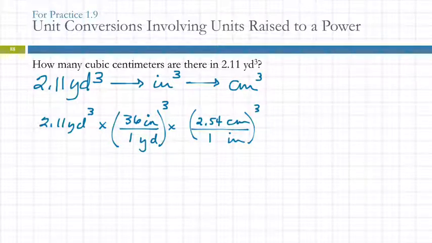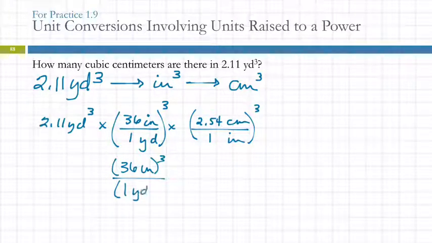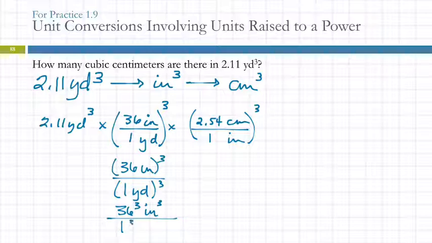This is the same as 36 inches cubed over 1 yard cubed, which is 36 cubed inches cubed over 1 cubed yard cubed. Okay. And if you take that a step farther, 36 cubed is a big number.